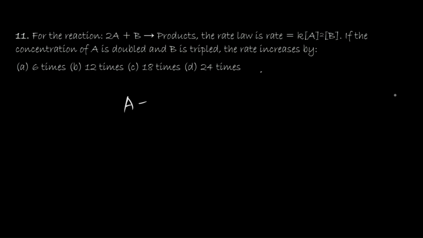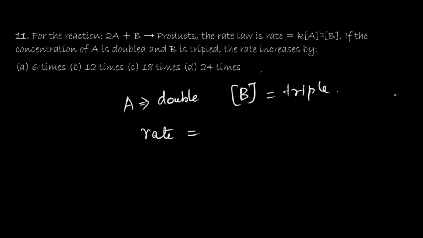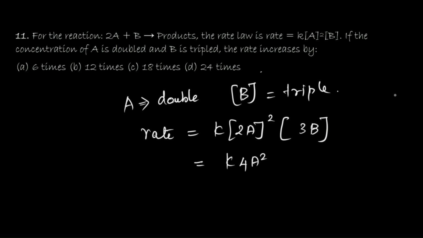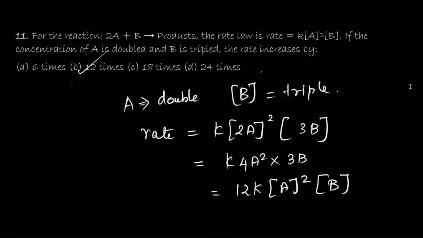So A is doubled and B is tripled, so the new rate becomes k (2A)^2 (3B), which is 4A squared and 3B, which is 12 k A squared B. So the answer is it is increased by 12 times.